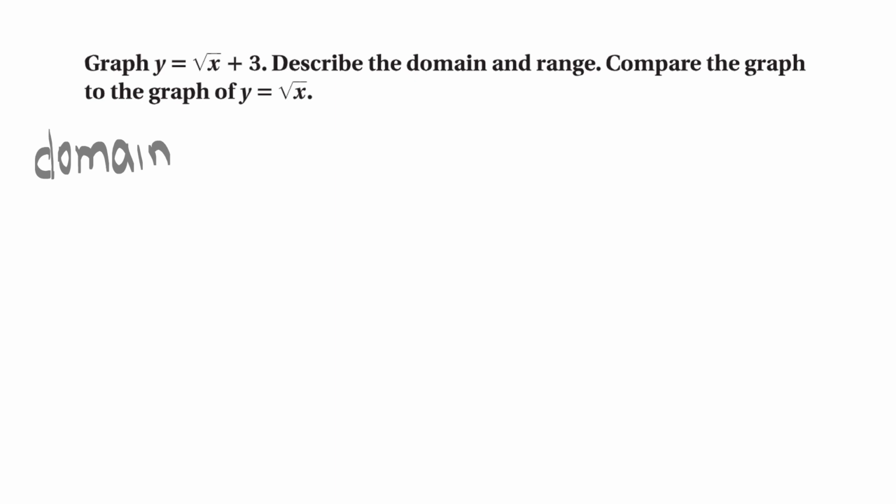And so we look at our radicand of x, and we know that x has to be greater than or equal to 0. There's nothing to solve there. That would be for the base function. We're going to see how that translates when we add 3. But it's going to have the same domain, because notice the radicand of our base graph is the same as our radicand of y equals the square root of x plus 3.